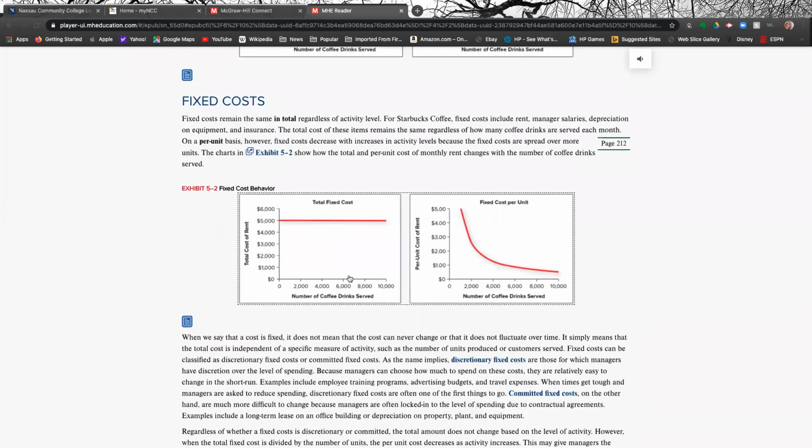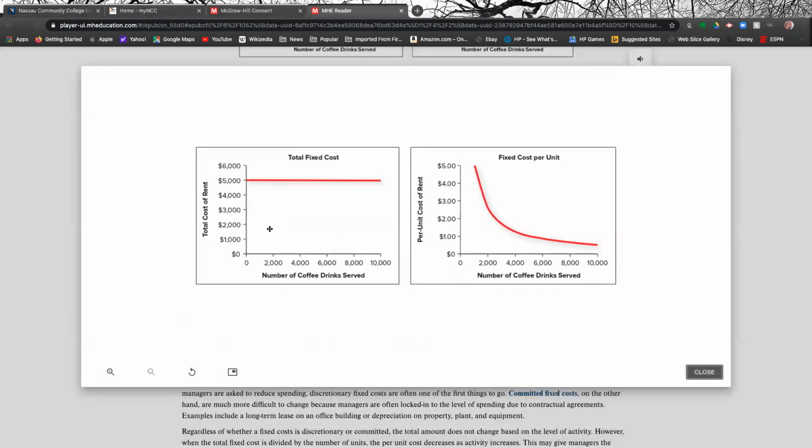Fixed costs remain the same regardless of the level of activity. So notice in this example, no matter how many cups of coffee I serve, my fixed costs are $5,000, right? That's what this graph is showing you. So think of something like rent, for example, being a fixed cost.